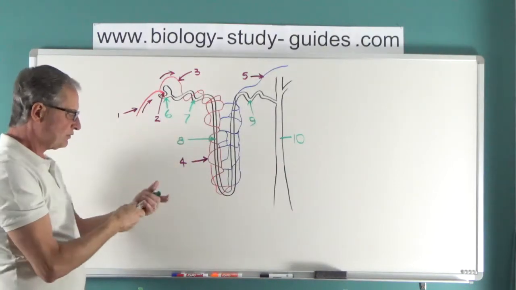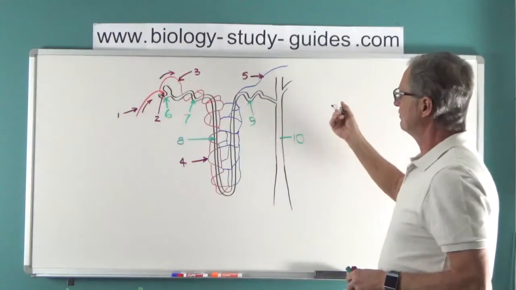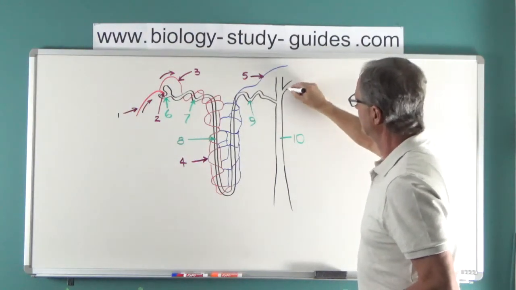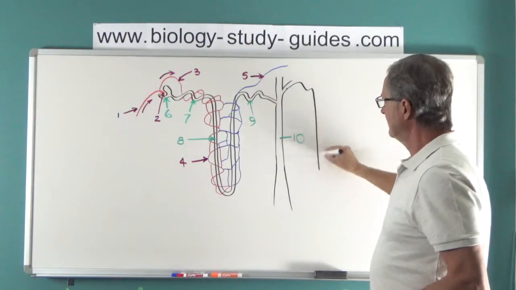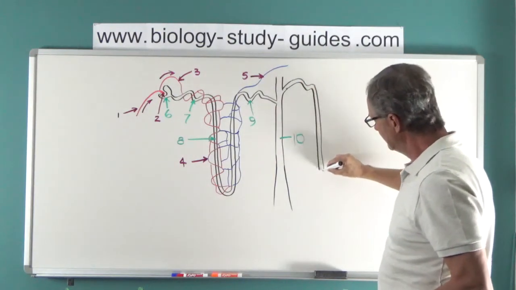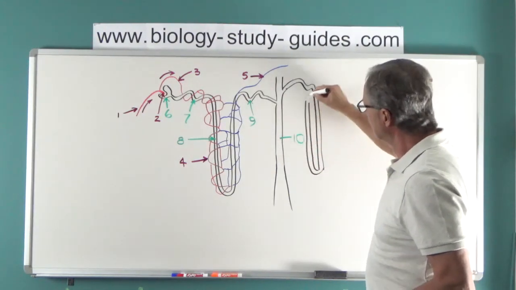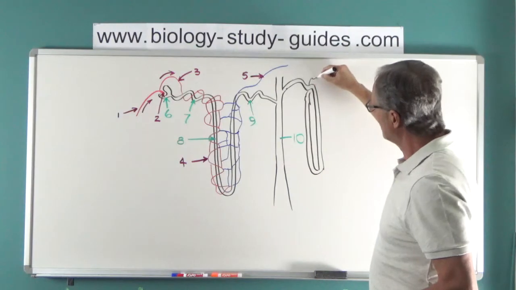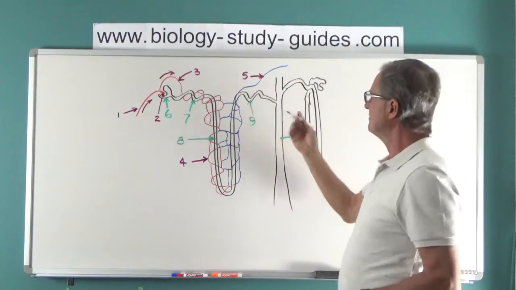This is a twisted tubule, and a more accurate picture of it may look something like this if I use this side over here where we have a distal convoluted tubule, a loop of Henle, but the loop of Henle could actually wrap backwards this way, and Bowman's capsule can be associated with a proximal convoluted tubule up here, and Bowman's capsule can be like this. So you get the same sort of thing, but it's twisted back on itself.